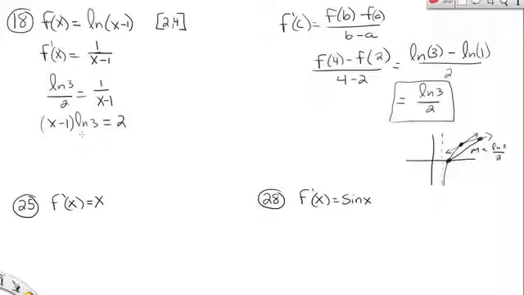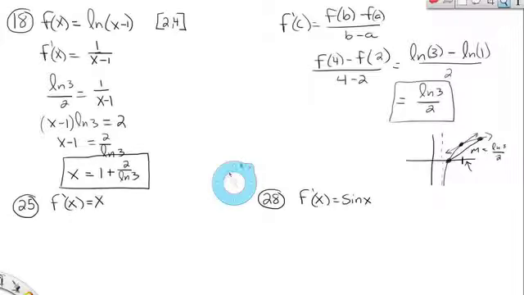Then I will divide by the natural log of 3 because it's just a number, and then I'm going to add 1. Whatever that x value is, that's the value of c. It is this x coordinate where the derivative at the point is equal to the overall rate of change. And that's what it's looking for.